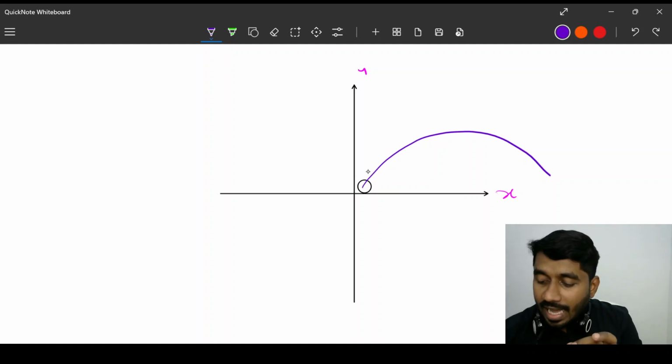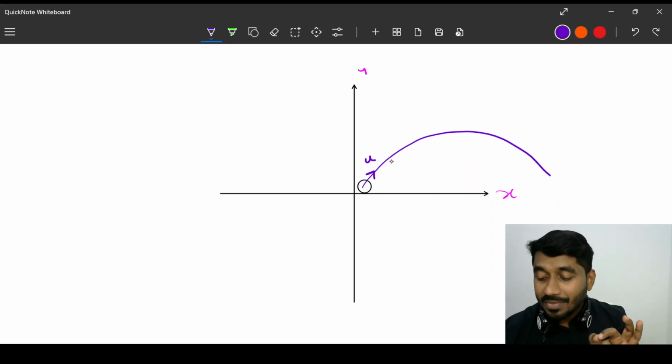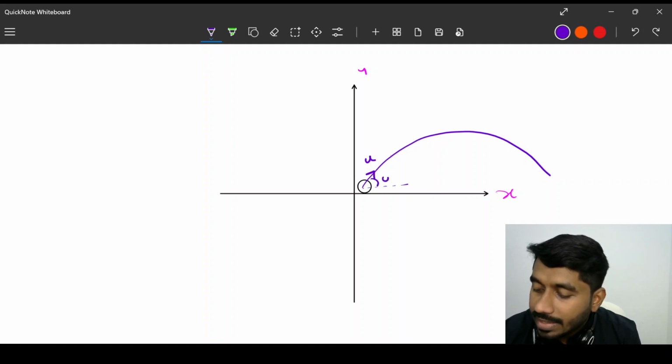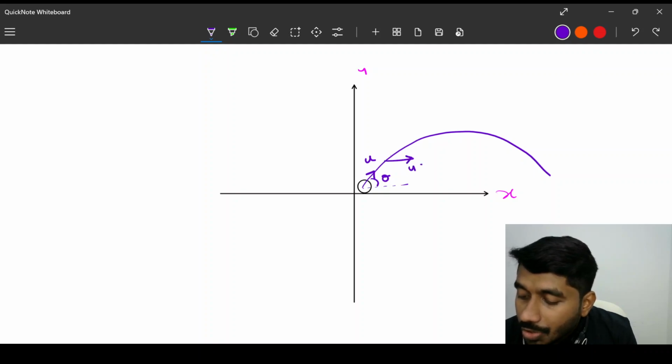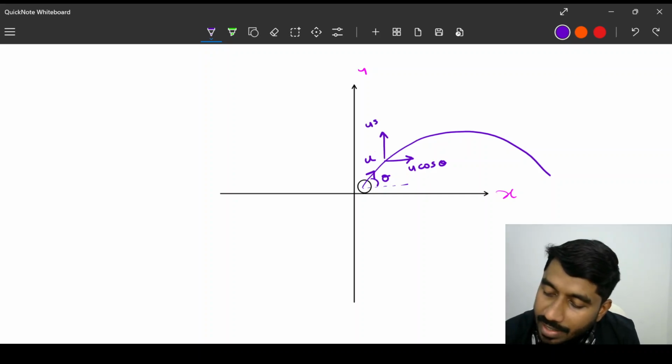Initially I projected the object with the initial velocity u, and we know that u makes an angle theta with the horizontal. That u we can resolve into u cos theta and u sin theta.